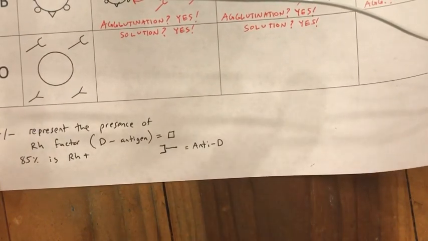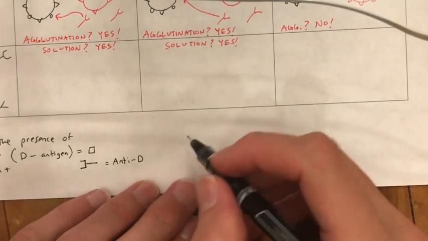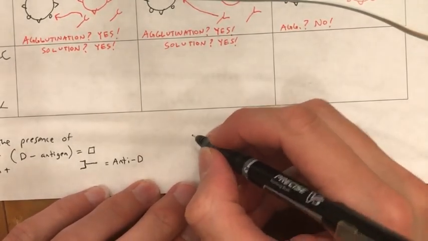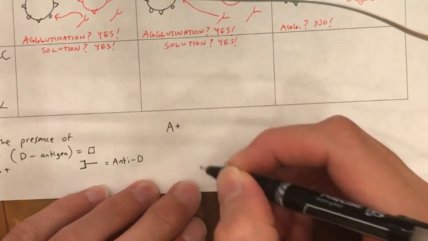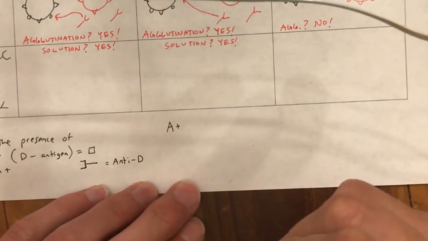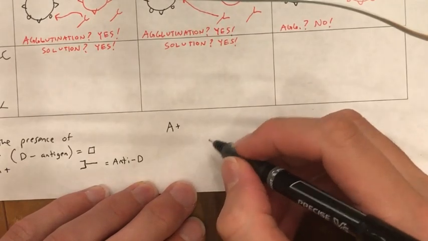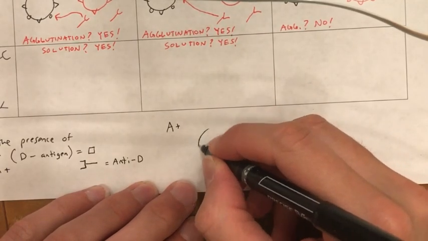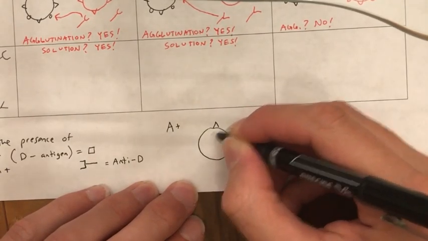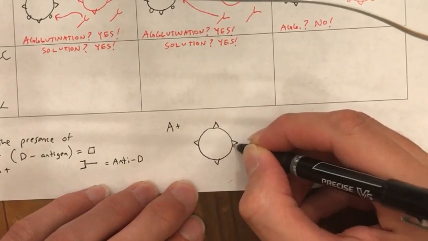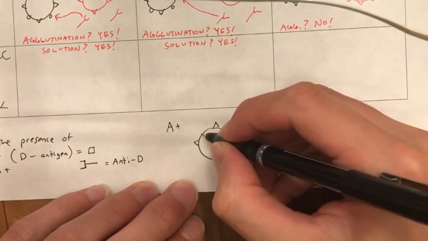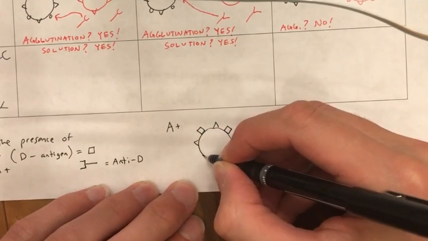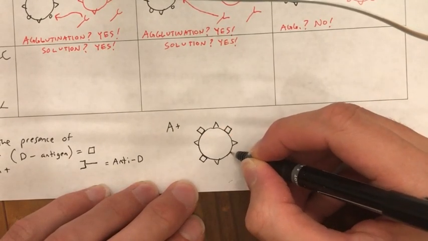Great, all right. And let's just do one example of this. So let's have a recipient with A positive blood. So we can start off drawing our type A blood, but we can also add on these D antigens.